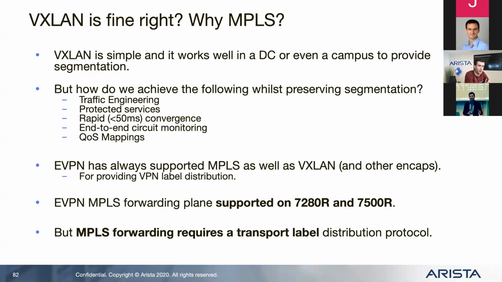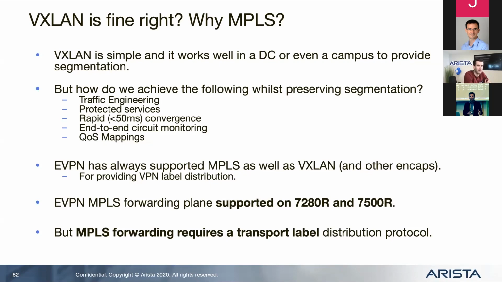At this point, it's worth noting that EVPN has always supported multiple different encapsulation protocols: VXLAN, as we've spoken about already, but also MPLS. MPLS as a forwarding plane is supported on our devices using the 7280R or the 7500R platform.